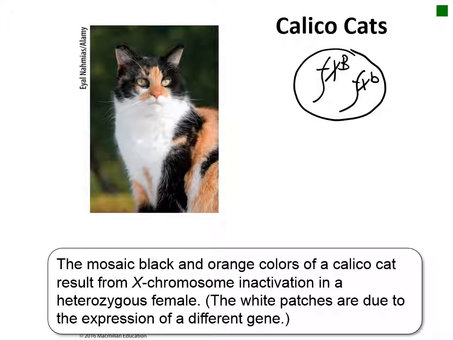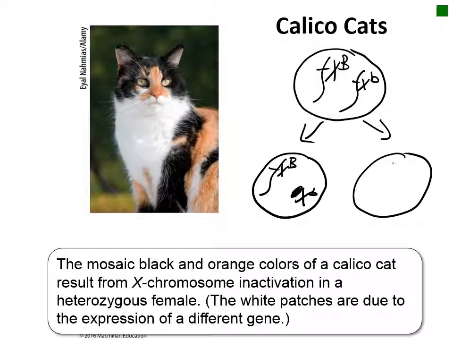When this heterozygous female egg replicated and went through X inactivation, some of the cells would contain the X with the black allele, but the other X would have been inactivated, while other cells would have contained the X with the orange allele, while the X chromosome with the black allele was inactivated.